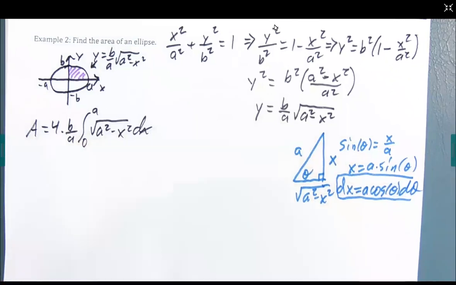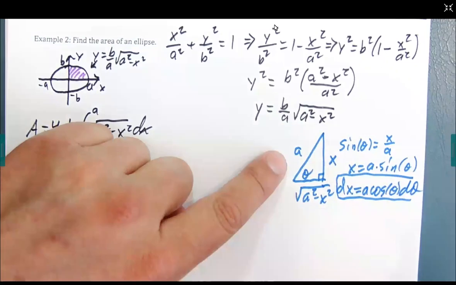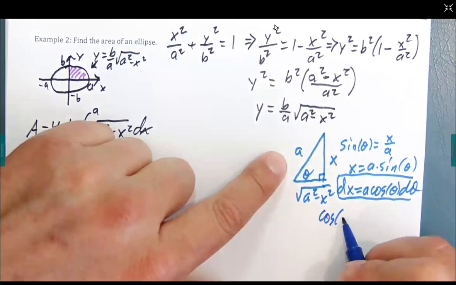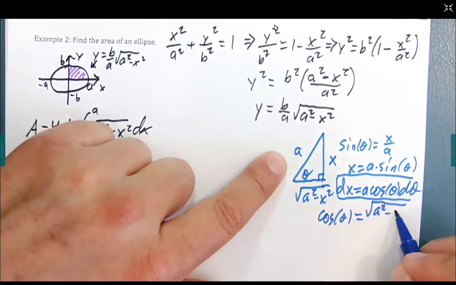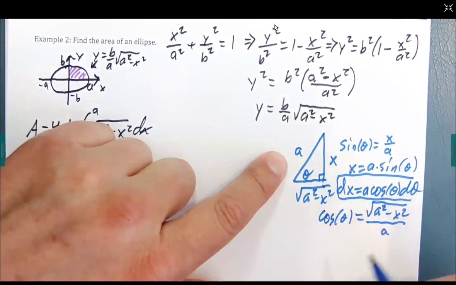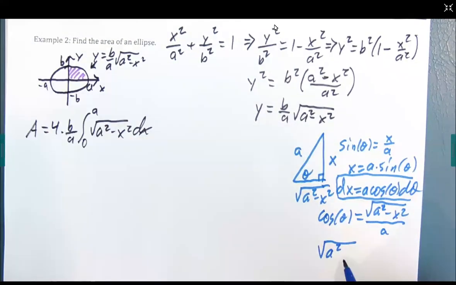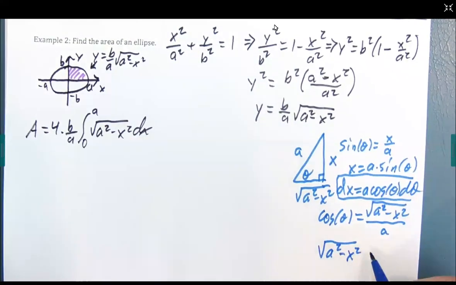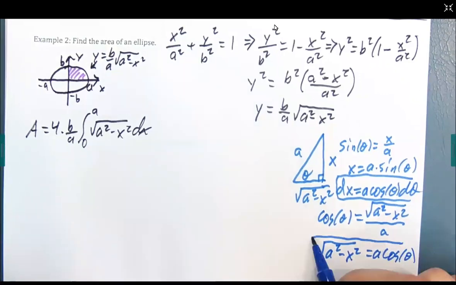Once again, the a is a constant, so I'm going to compare the adjacent to the hypotenuse. That's cosine. Which means the square root of a squared minus x squared equals a cosine theta. So there's our other piece.